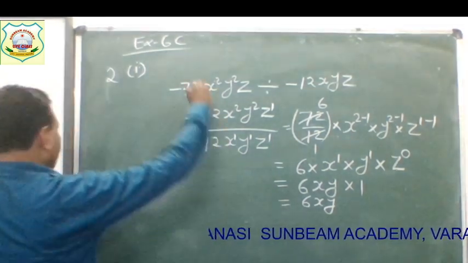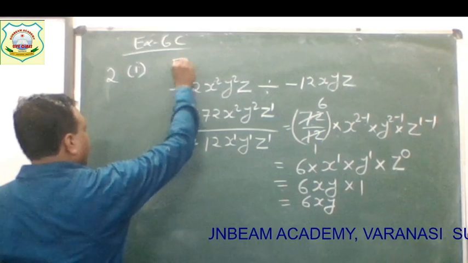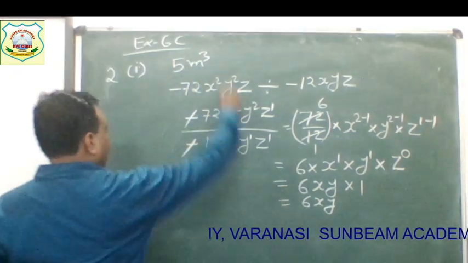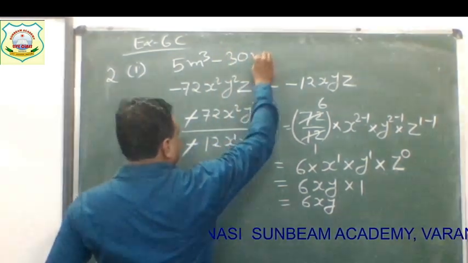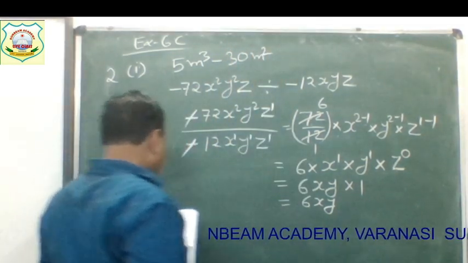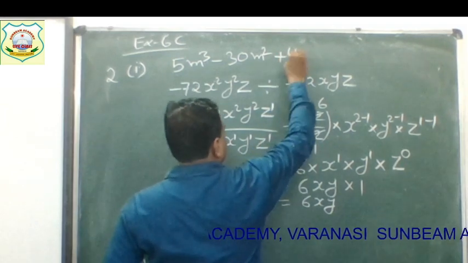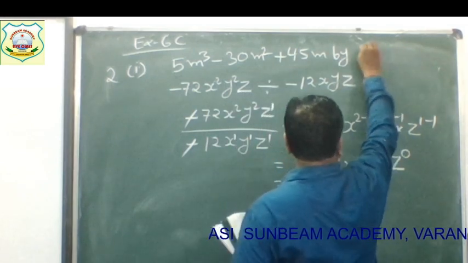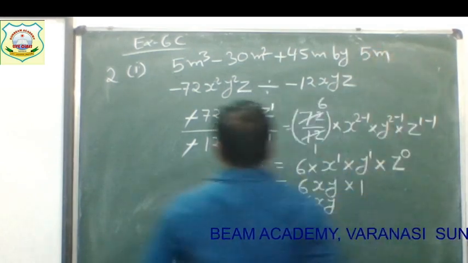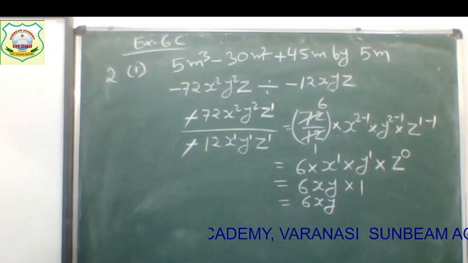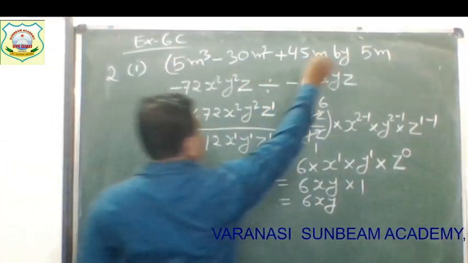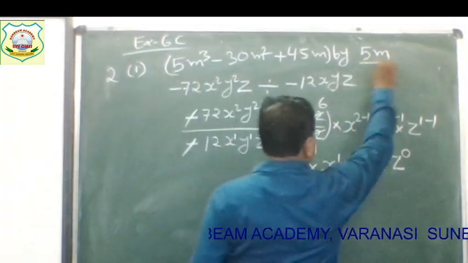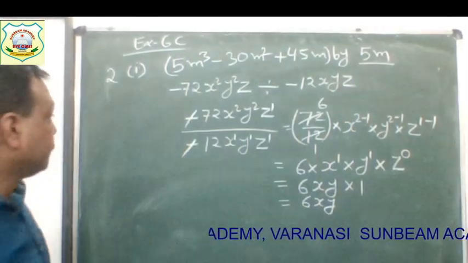See, question one: there is given 5m cube minus 30m square plus 45m, divided by the monomial 5m. This is the polynomial and that one is the monomial, 5m. Hope everyone has done it.